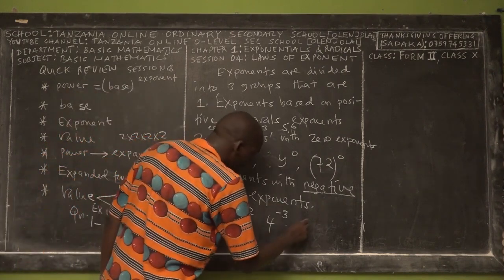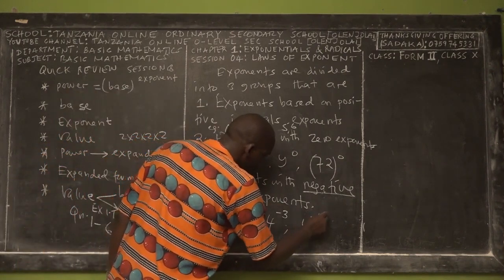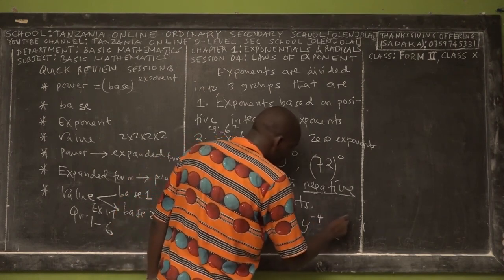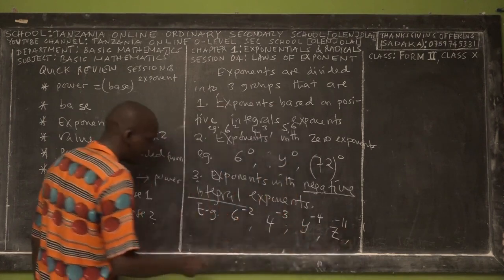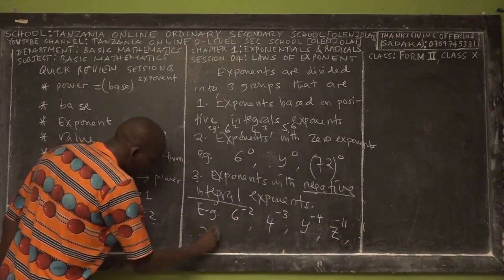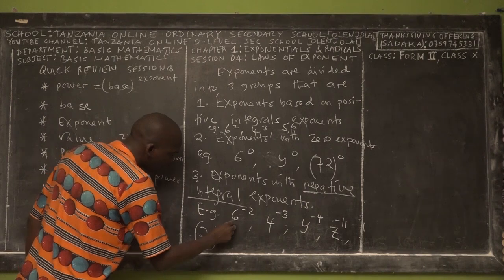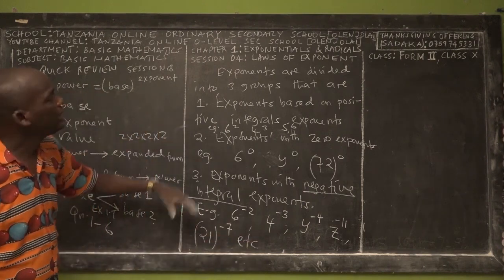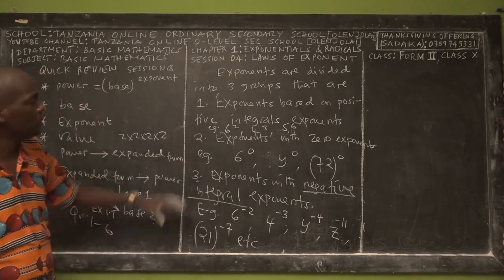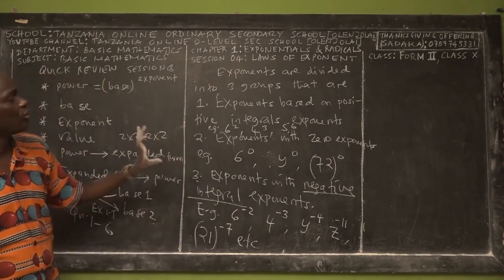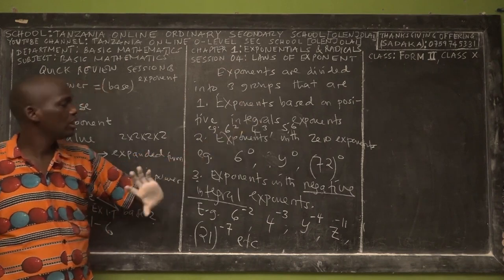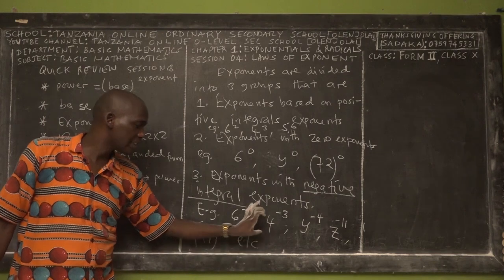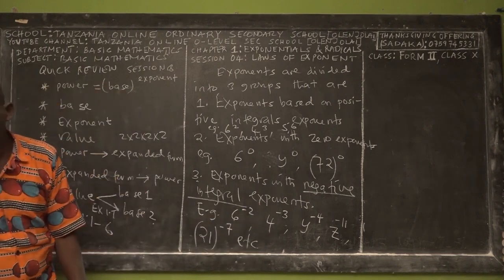Again, we can have y power negative 4, z power negative 11, 21 power negative 7, etc. When we learn about laws of exponents, we'll be categorizing them: laws for the second category, and laws for this third category.